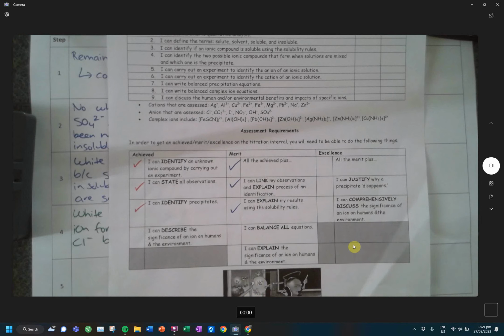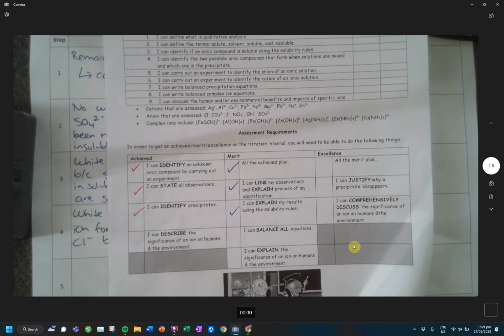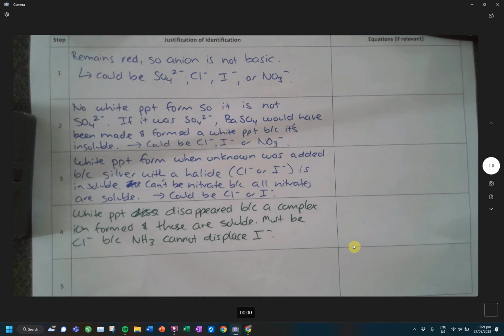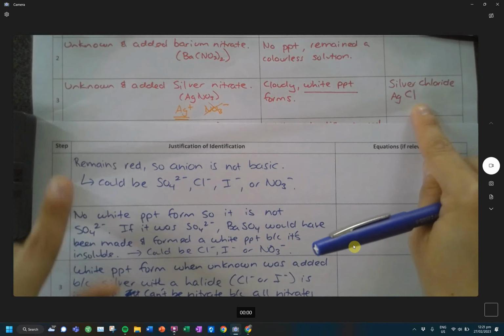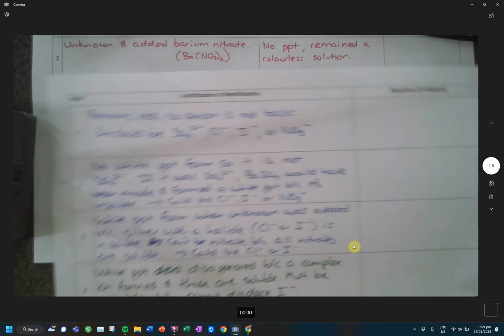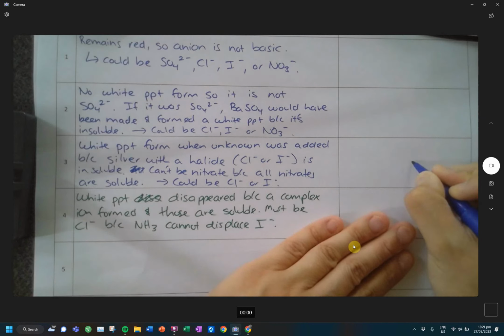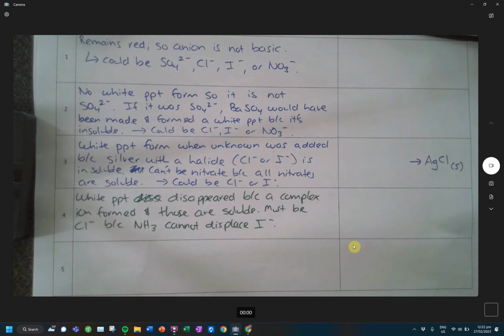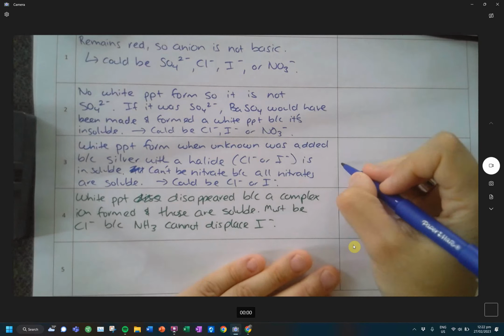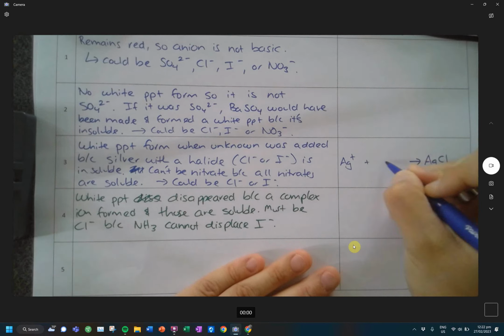The next thing I need to do is balance my equations. I find the easiest way for me to balance the equations, to make my life easy and not make silly mistakes, is to identify the precipitate and then work backwards. So when I identify silver chloride as my precipitate in step number 3, I would draw my arrow, I would draw AgCl, show it as the solid, and then break it back into its ions to show that I'm adding those two together.